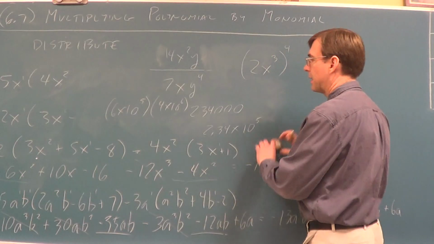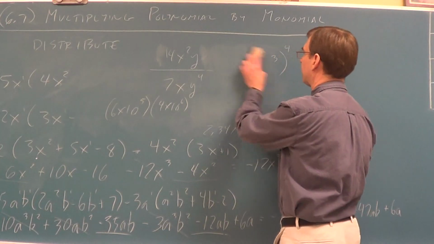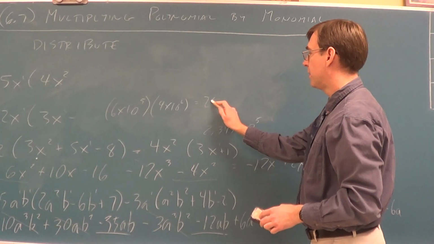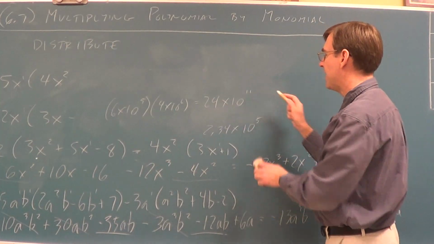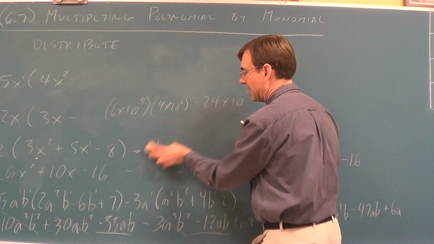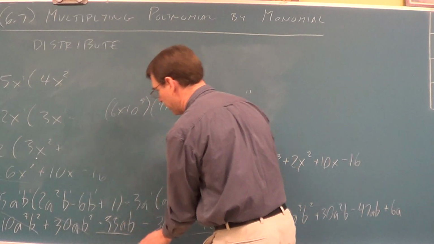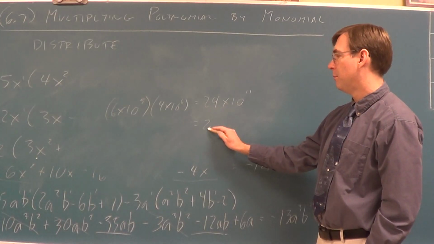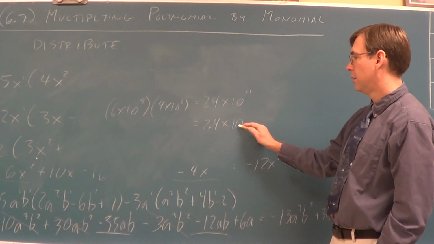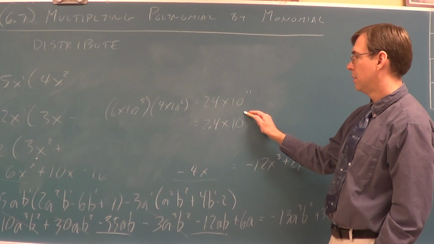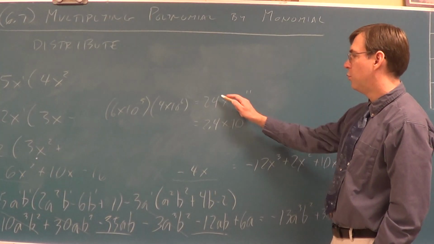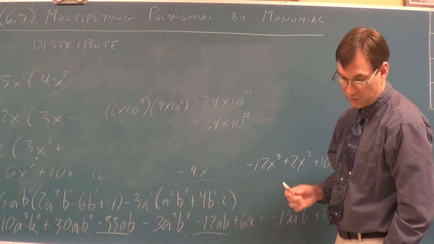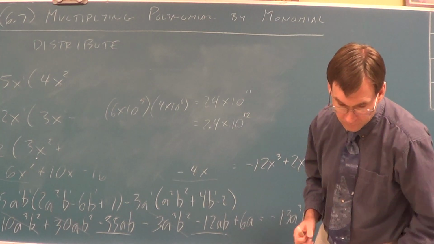So I give you something like that to do out. 24 times 10 to the 11th, but then if I insist that it stays in scientific notation, we have a little bit of an issue with that. 2.4. Make that smaller. And then to the 10. If one gets smaller, the other one gets bigger. 12. So something like that.